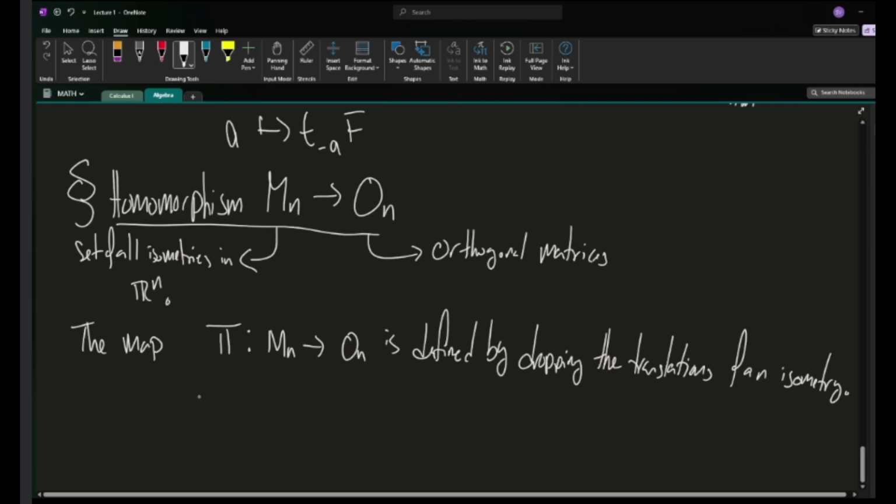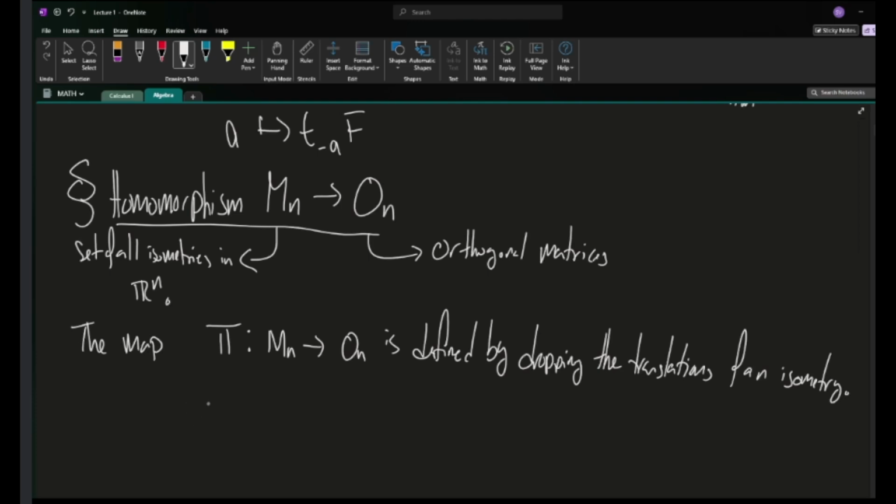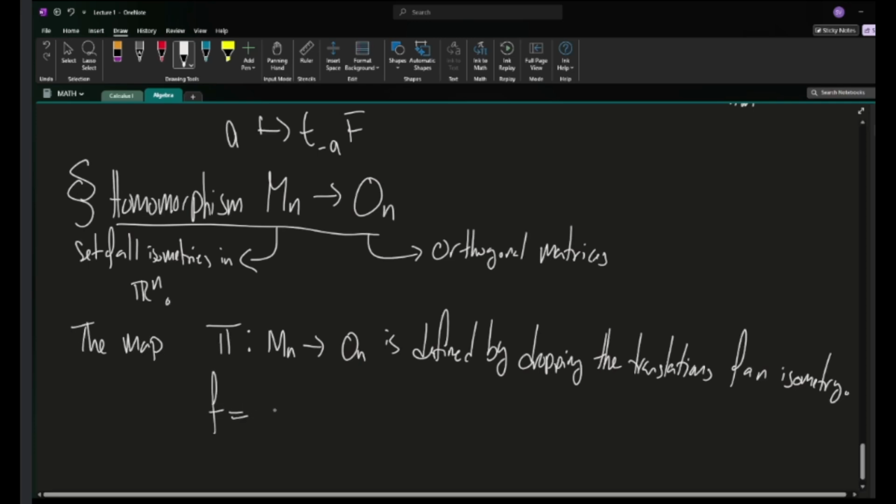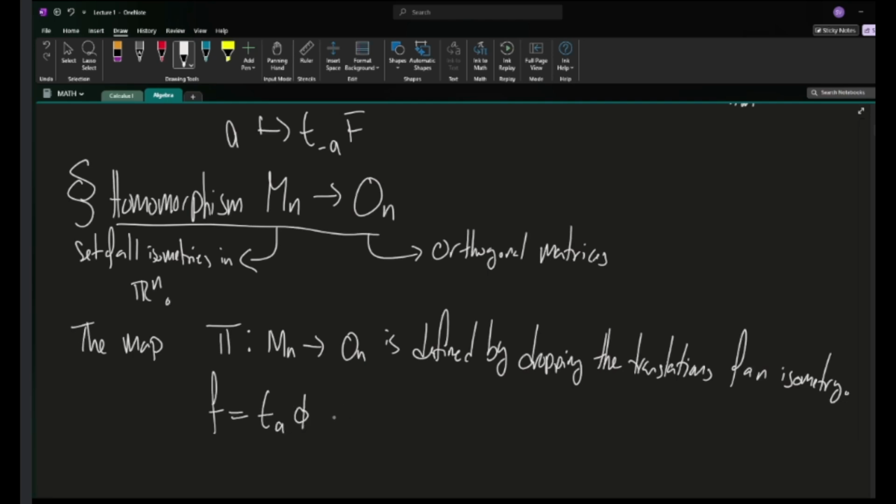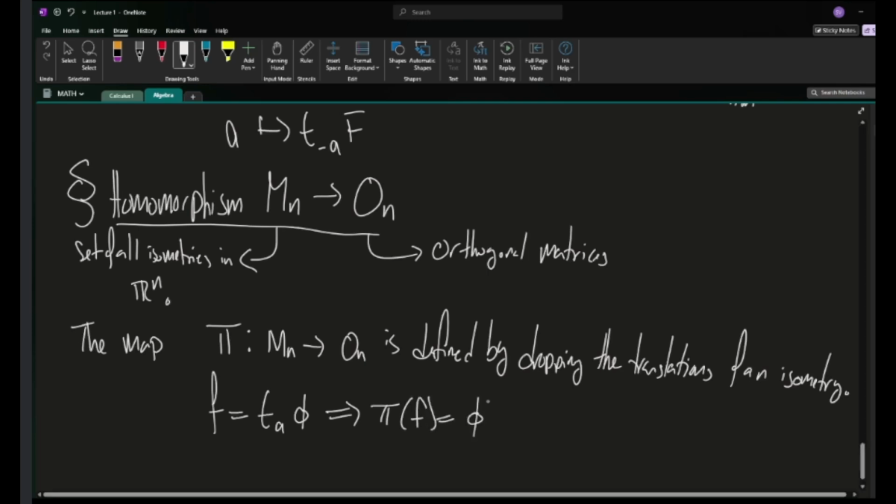So if we have a function, say, f is equal to translation of a phi, then that implies pi of f is just phi.